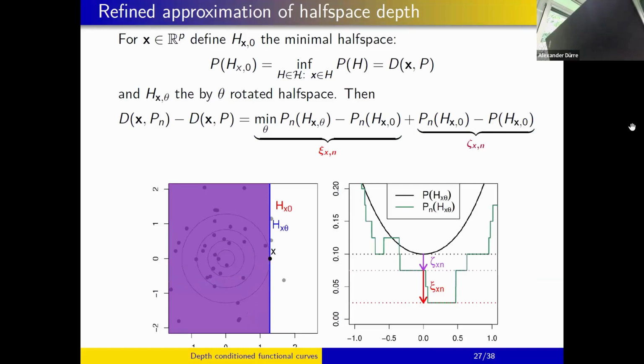One error is that we look at the minimal half space and compare the theoretical probability with the empirical probability. This is a binomially distributed random variable, and we have the central limit theorem, which says variance n, or speed square root of n.